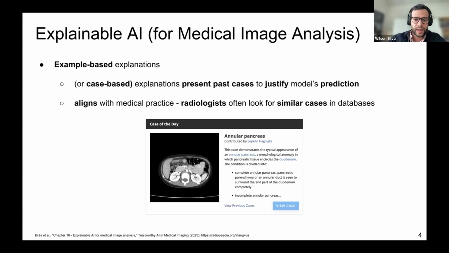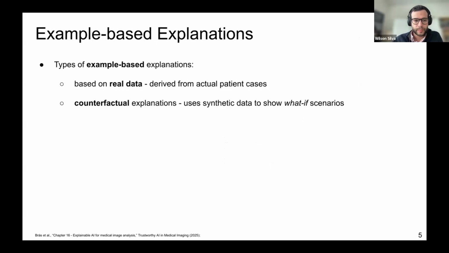This is a very simple type of explanation where we just present past cases that help us justify a model's prediction. As I said, in radiology this is one of the preferred ways of explaining because it aligns with medical practice. Radiologists already look for similar cases, even when they are not using AI systems.